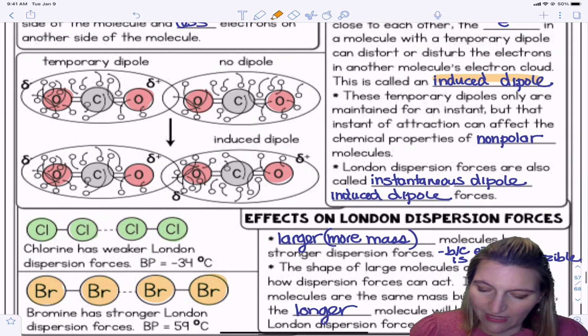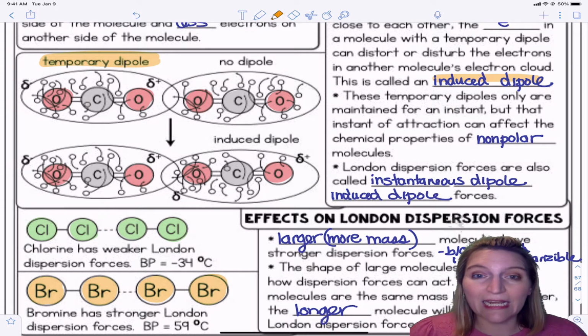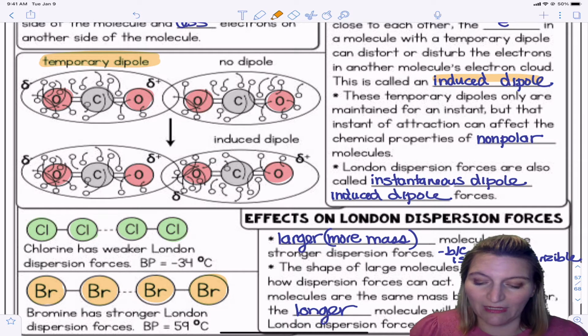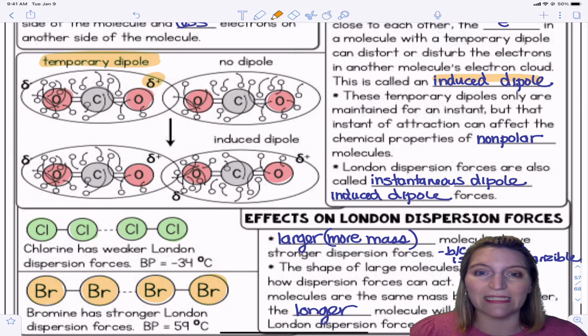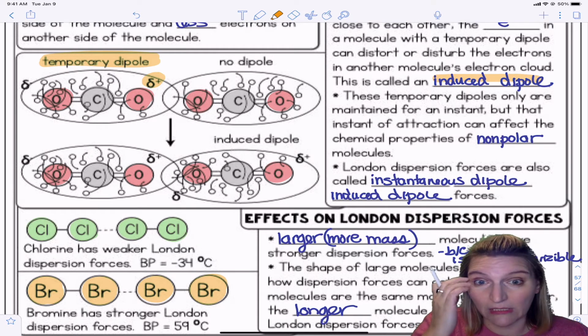We can see this in the pictures over here. Here is that same carbon dioxide molecule. It's a nonpolar molecule. But for this instant, a lot of the electrons are on the left-hand side, which means that this side of the molecule is partially negative. Electrons are negative, so they're going to be attracted to that side of the molecule.